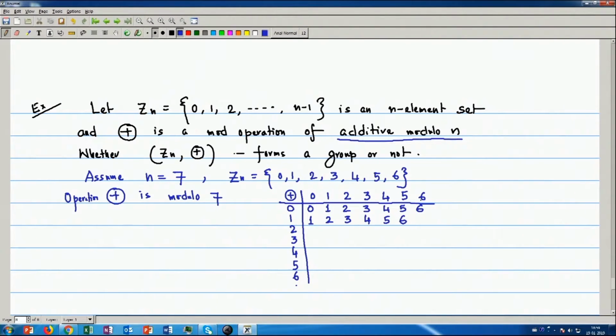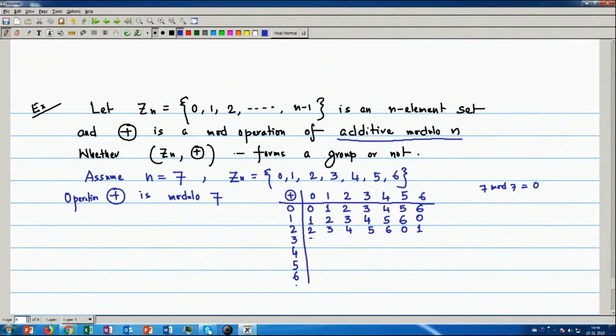Now, 6 plus 1 is 7, and 7 modulo 7 becomes 0, because the remainder is 0. So, I write 0 here. Now, 2 plus 0 is 2, 3, 4, 5, 6. Now, 5 plus 2 is 7, and 7 modulo 7 becomes 0. Now, 6 plus 2 is 8, and 8 modulo 7 becomes 1.